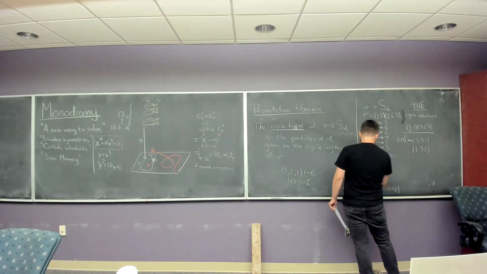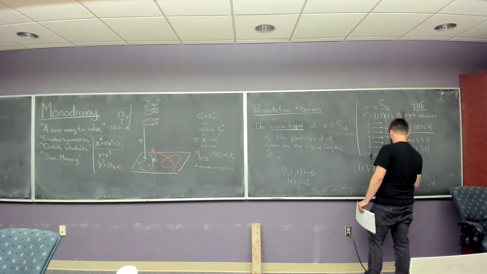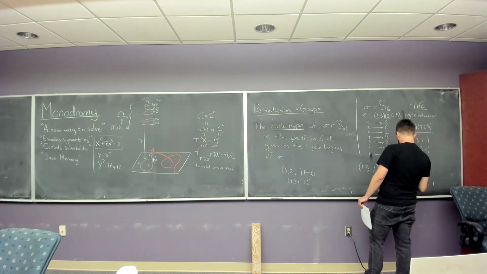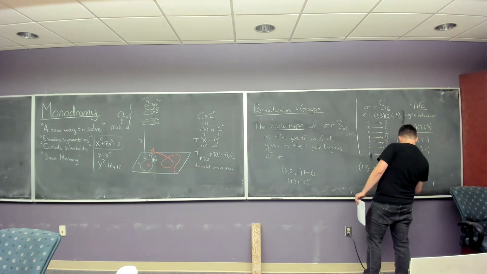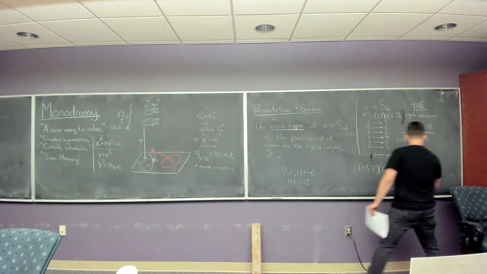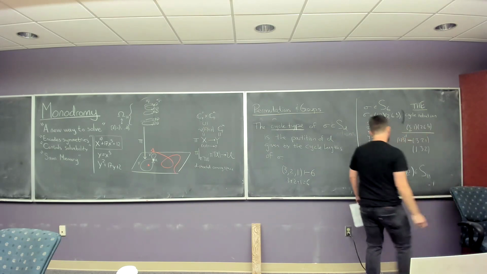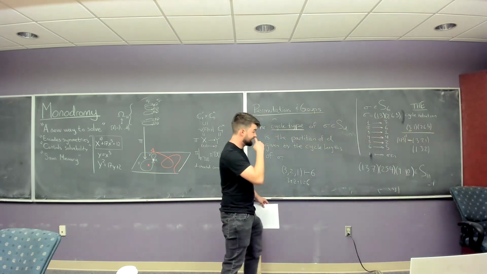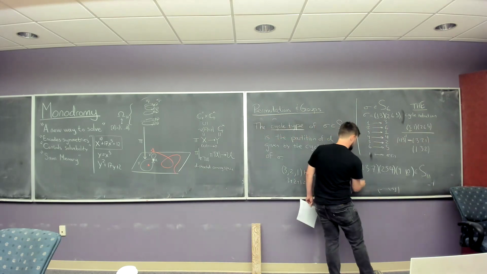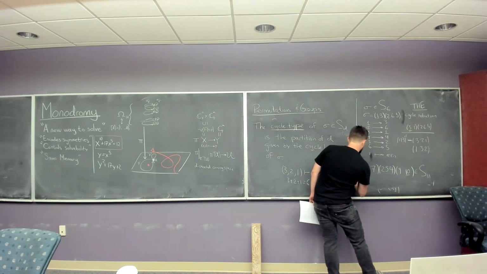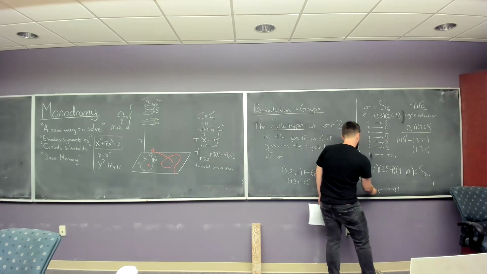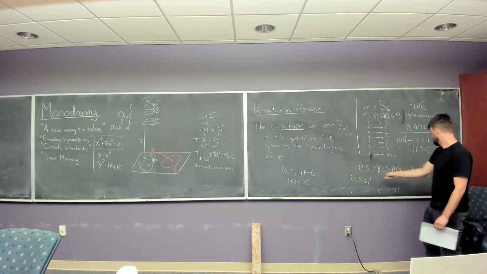Okay, so the cycle type of this, as an element of S_11, is: I got 2 cycles of size 3, so 3, 3, 2, and then everybody else gets to be a 1 until I get up to 11.